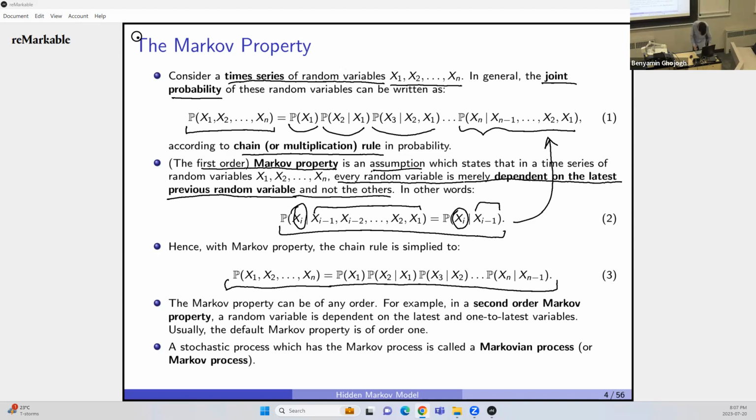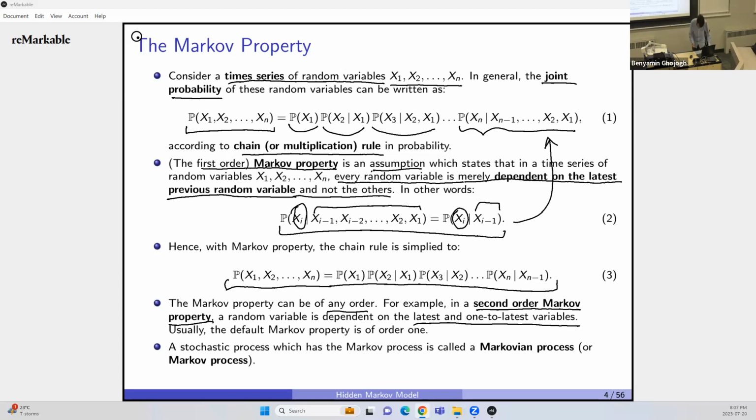The Markov property can be of any order. For example, in a second order Markov property, a random variable is dependent on the latest and one before the latest variables, right? For example, x3 will only be dependent on x1 and x2. x4 will only be dependent on x2 and x3. So we can have second, third order, whatever.